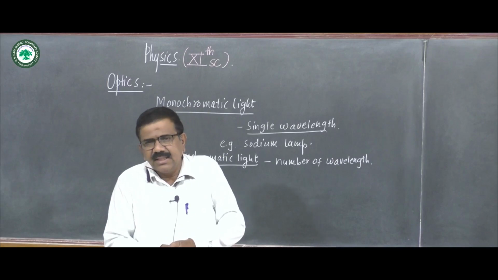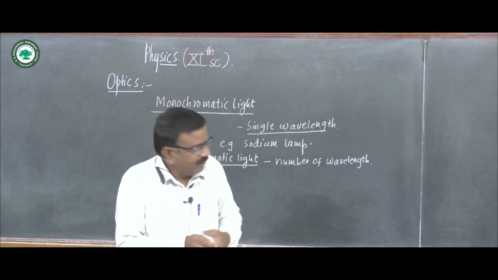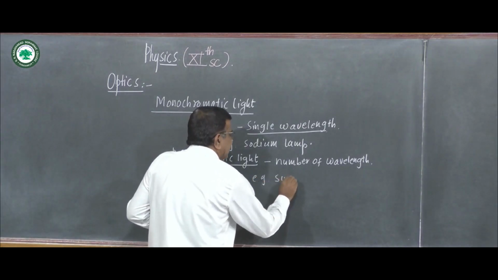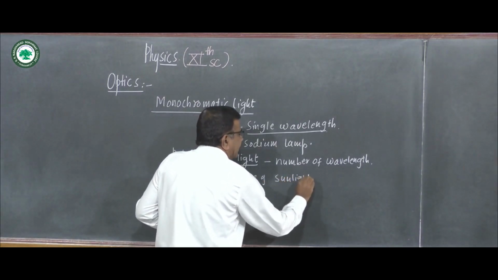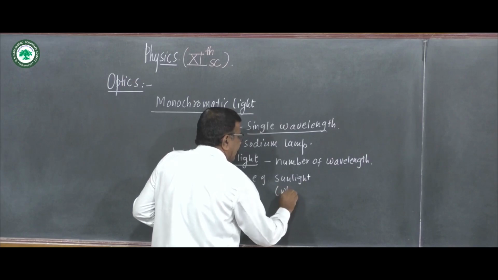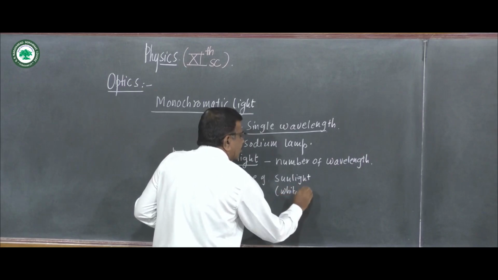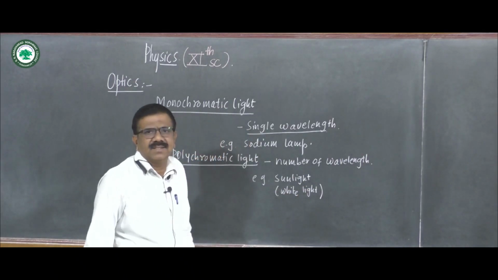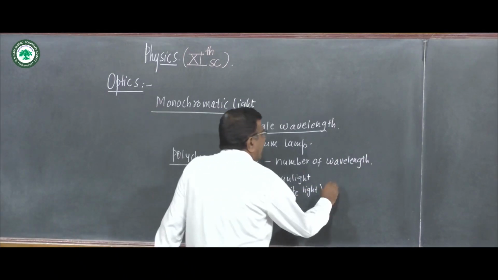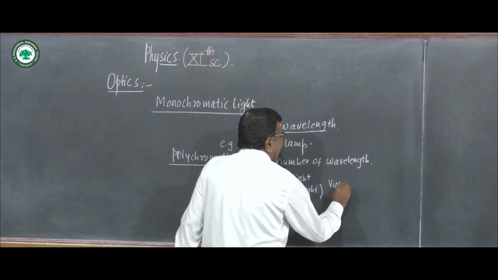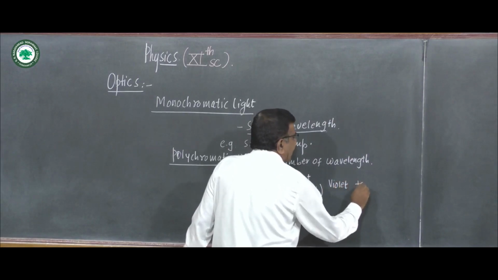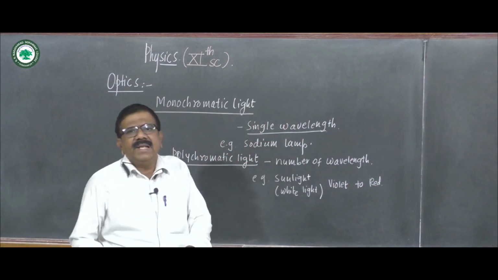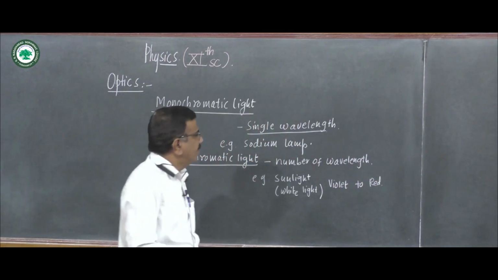For example, sunlight or white light. It consists of different wavelengths, that is different colors ranging from violet to red. 7 colors are there. Extreme colors are violet and red. In between violet and red, there are 5 different colors.